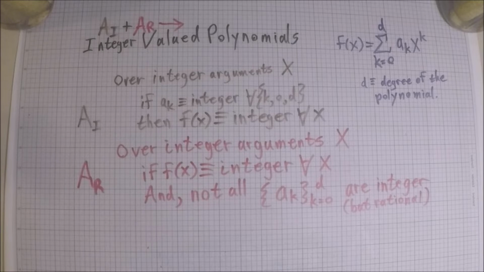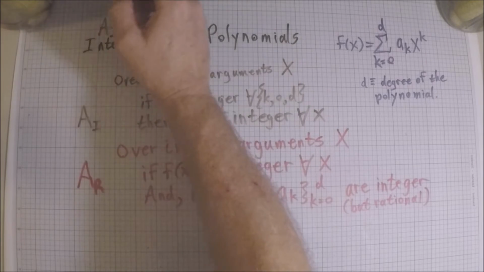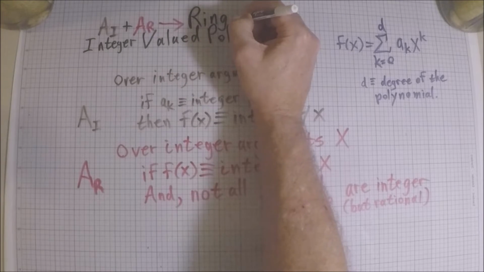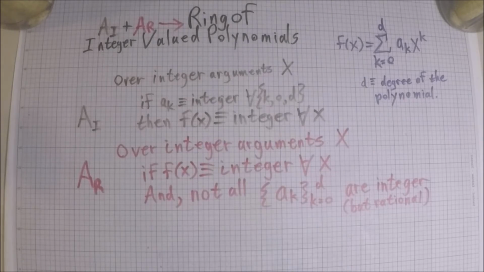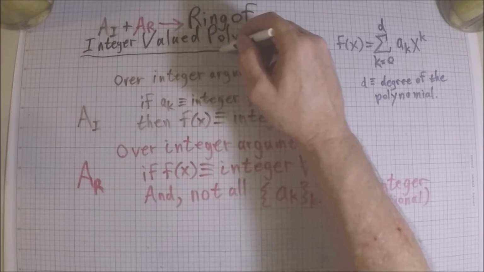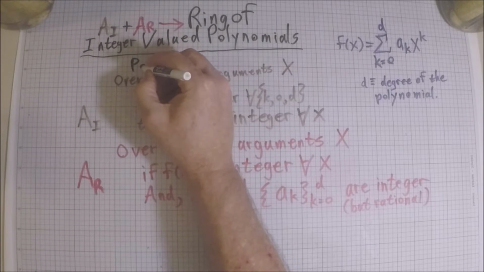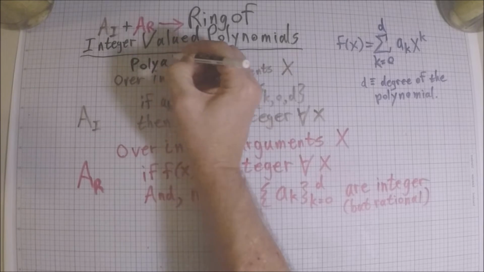They have been studied extensively throughout the centuries, but it was Polya, and most modern references and work on it that we know of reference Polya, early 1900s, who studied the various rings of integer valued polynomials.